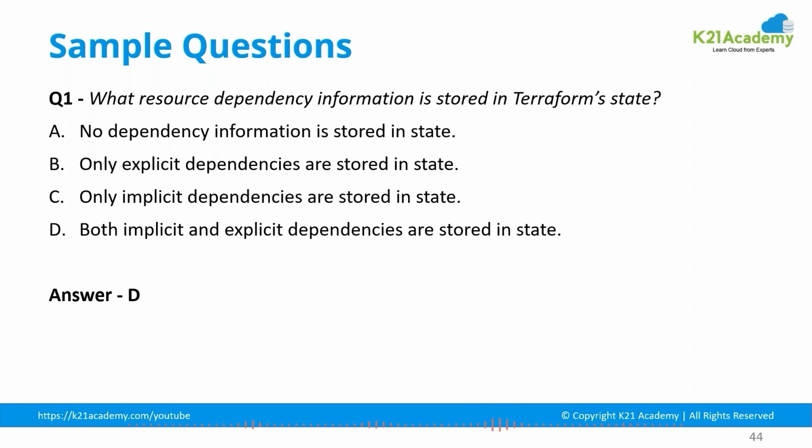You can see a question like, what resource dependency information is stored in the Terraform state? So you should know about the state file and what all is in it. If I want my virtual machine to be deleted or decommissioned, I want the storage to be removed first and then the machine deleted. How am I going to create that kind of dependency?